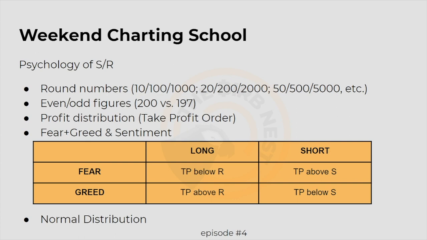Regarding the fear factor and greed factor and how it builds the sentiment around it, I prepared a very short and concise table for you to read the sentiment and fear and greed around long or short orders and how they react. So long orders, investors that would be long, we can differentiate into two different groups: those who would fear and those who would be greedy.